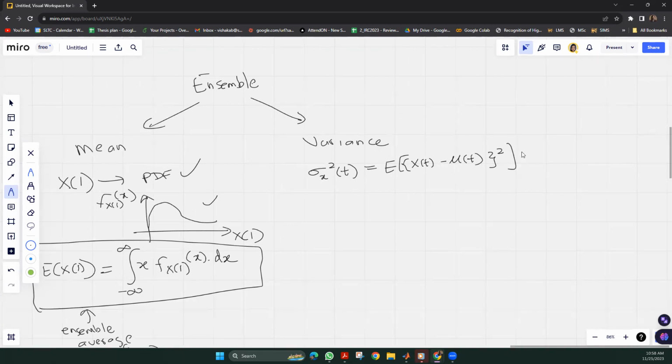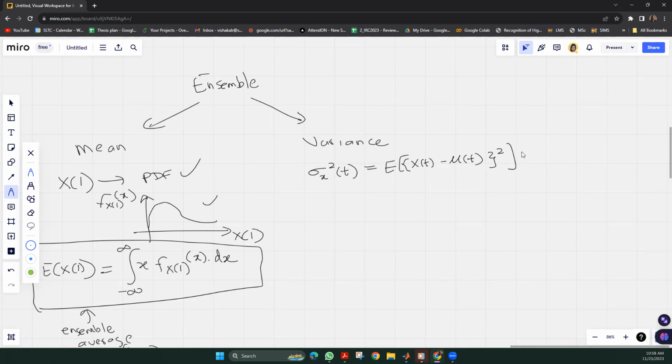Because we are taking the variance, this is the definition: the gap between the mean and the value of the random variable, squared.